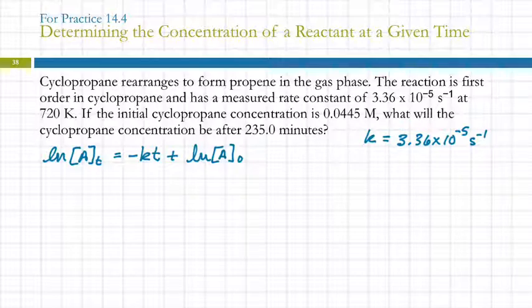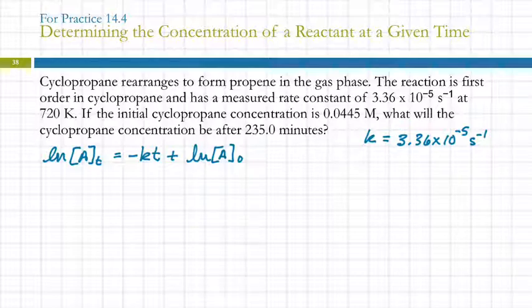You'll often see a temperature specified, because this rate constant is only valid at that particular temperature. We don't have temperature changing, so that's just a bit of information that we can ignore. We don't need to use all the numbers that are given in the problem.